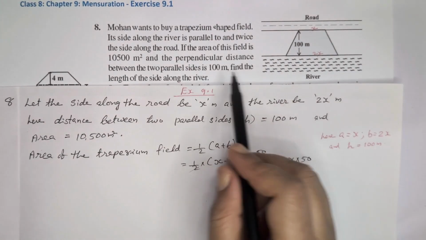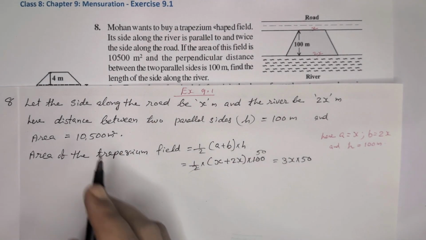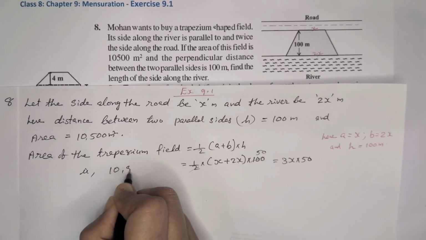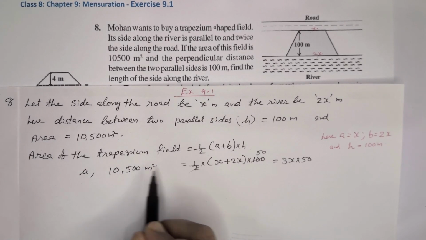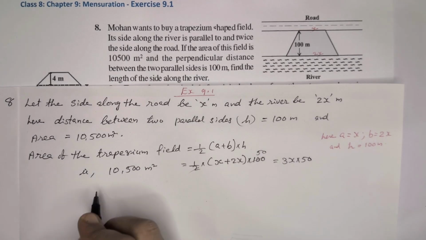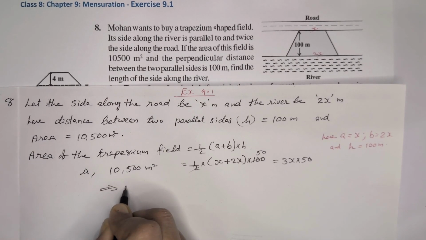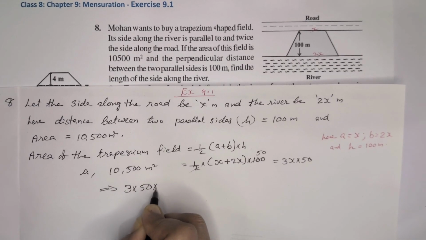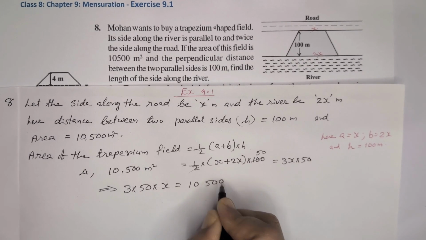But here area is given. If the area of this field is given 10,500 meters. So we can write here 10,500 meters square. That is the area of the field, which is equal to 3x into 50. From that, 3 into 50 into x is equal to 10,500.